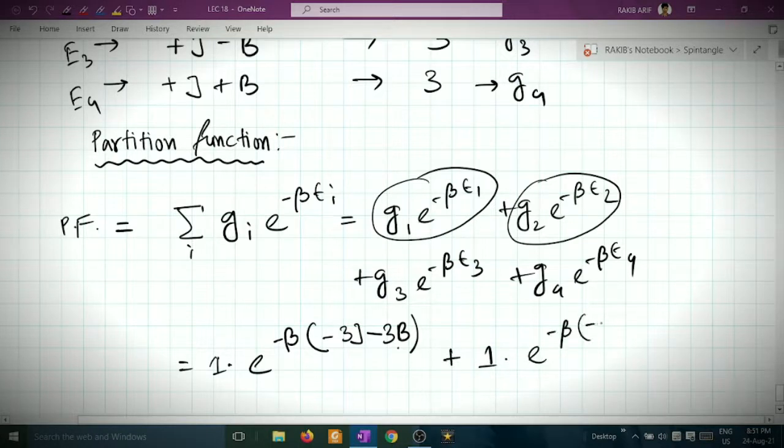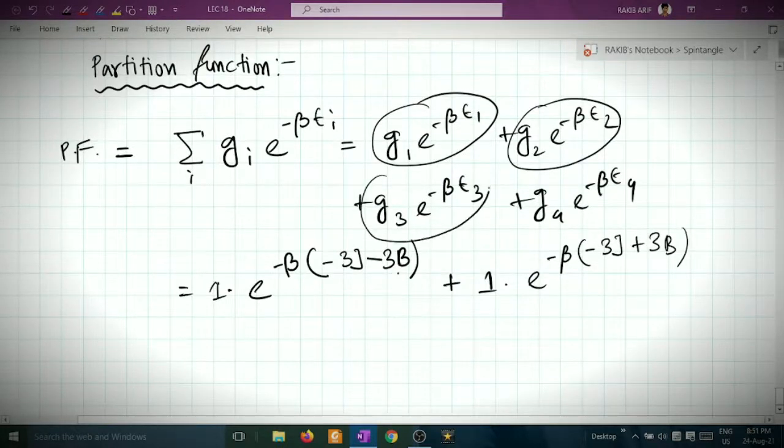Now moving on to the next term, e to the power minus beta times minus 3j plus 3b. And in the next term, what is our g3?